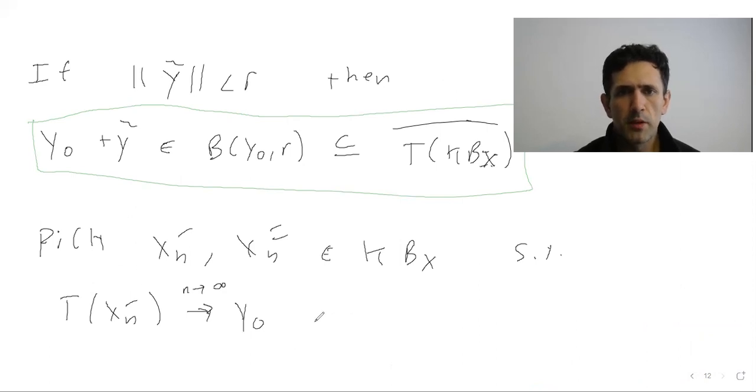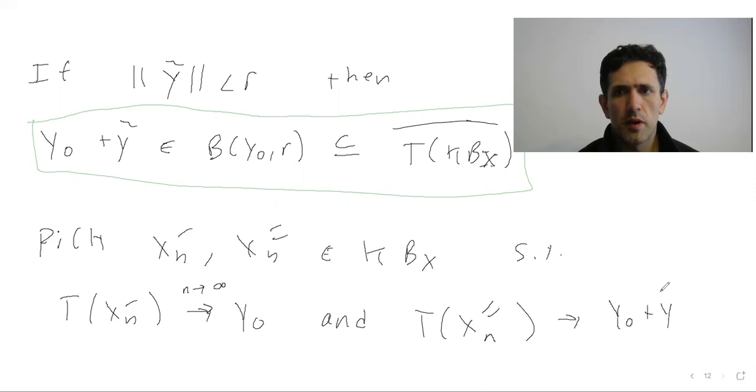Do the same thing for y0 plus y tilde: T of xn second prime converges to y0 plus y tilde.